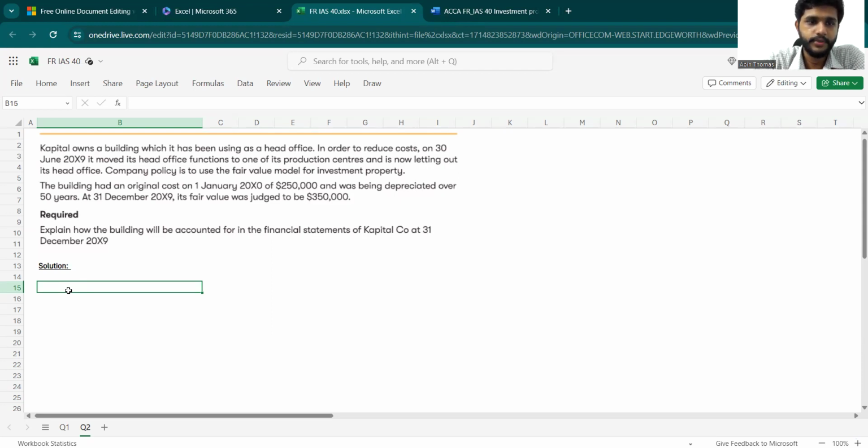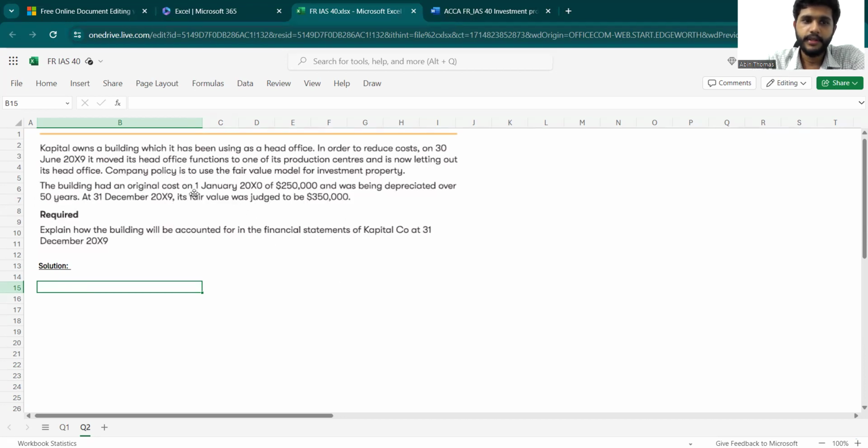And the company policy is to use the fair value model for investment property. They use the fair value model, not the cost model. Under investment property, IAS 40, we have two models, cost model and fair value model. So management policy is to use fair value for the investment property. Don't mix it up, okay? And the building had an original cost on 1st January 20X0 of 250,000, and was depreciated over 50 years. At 31st December 20X9, the fair value was judged to be 350,000.